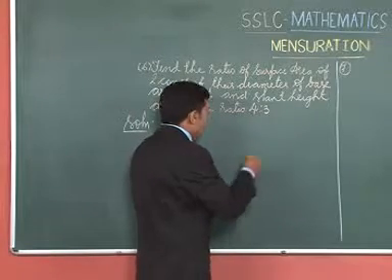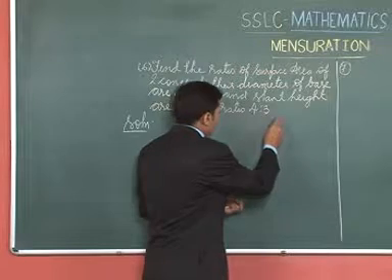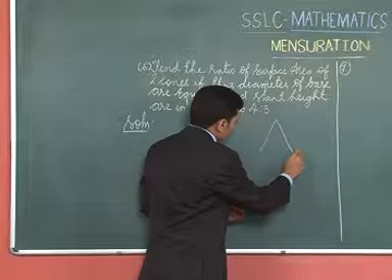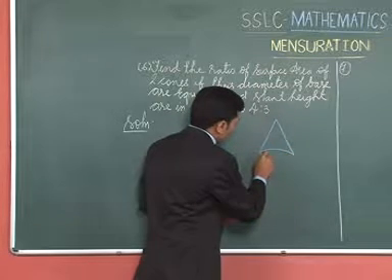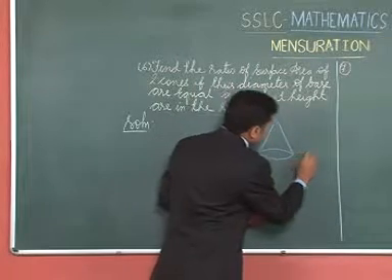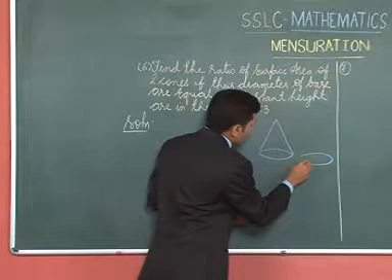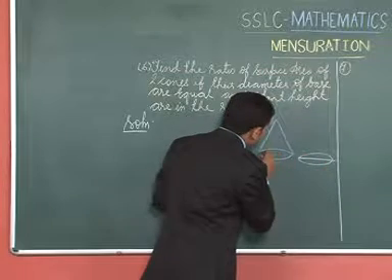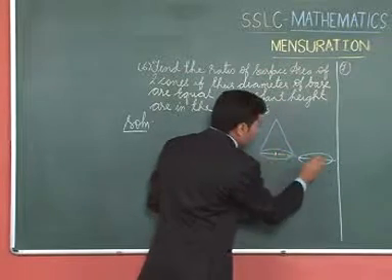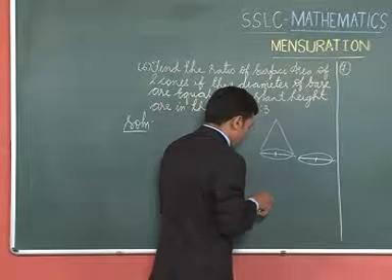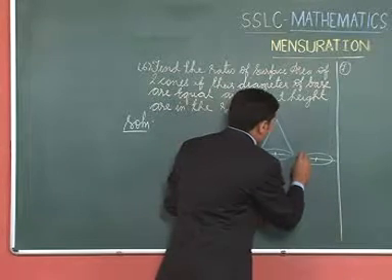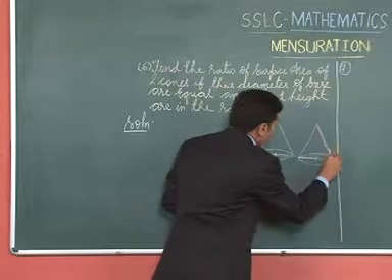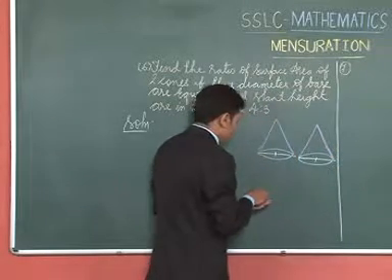So there are two cones with same diameter of the base. So this diameter and this diameter are equal, and the slant height of both of them are in the ratio of 4:3.